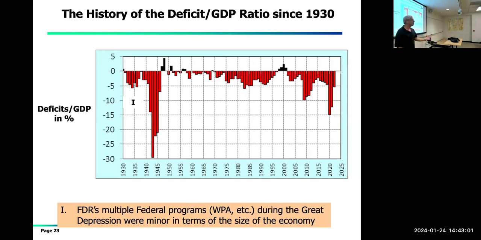FDR was very innovative in terms of all the programs that he generated. But people have written papers on the bottom line. They weren't large enough. You had political support for doing only so much. And you didn't have the theory that, why don't we just do this?